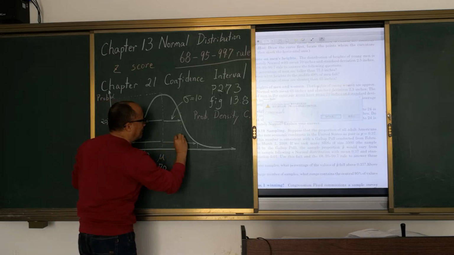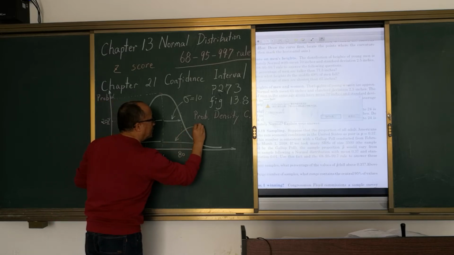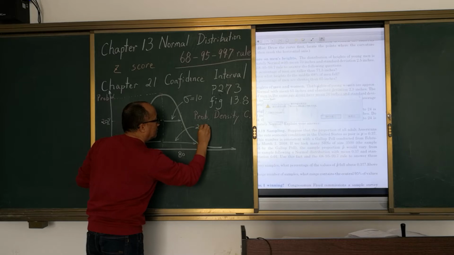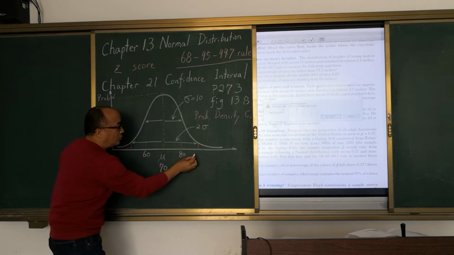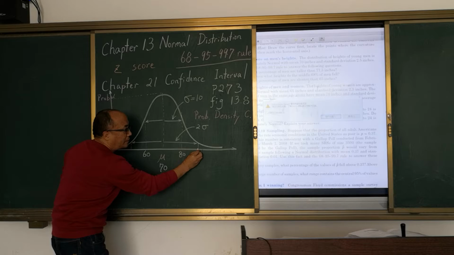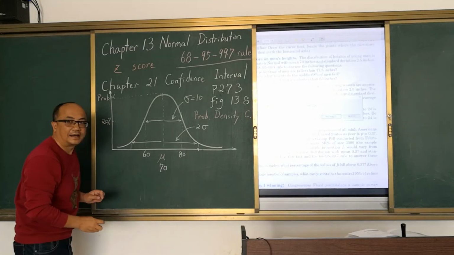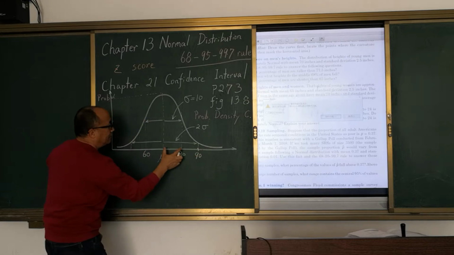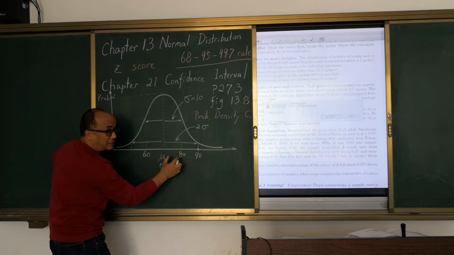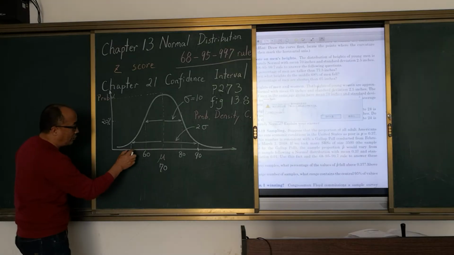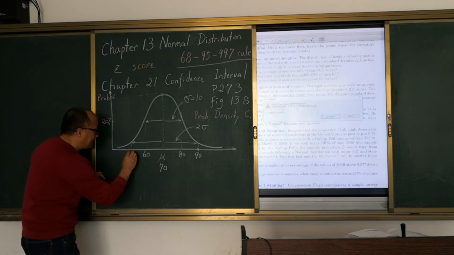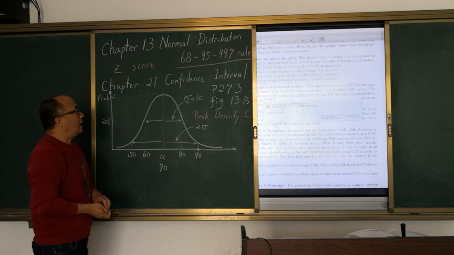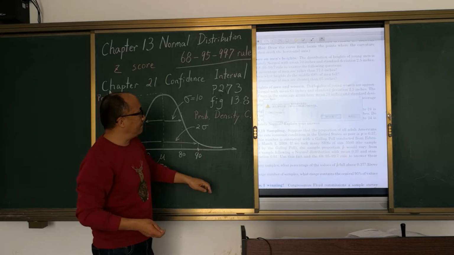So what's the score here? 90, not 95. This is a 10, another 10 is a 90. Okay, what's the score here? 50.